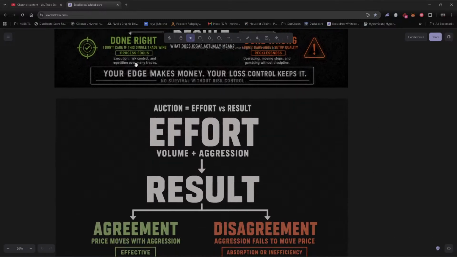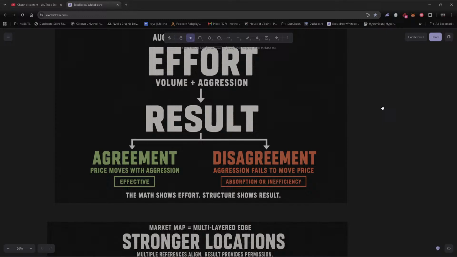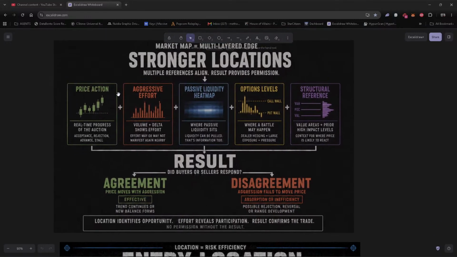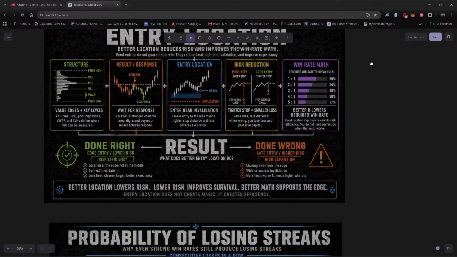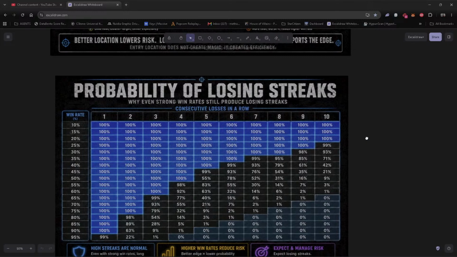It doesn't matter if I lose a single trade, because over the long haul, I have an edge. And having an edge is the most important thing.